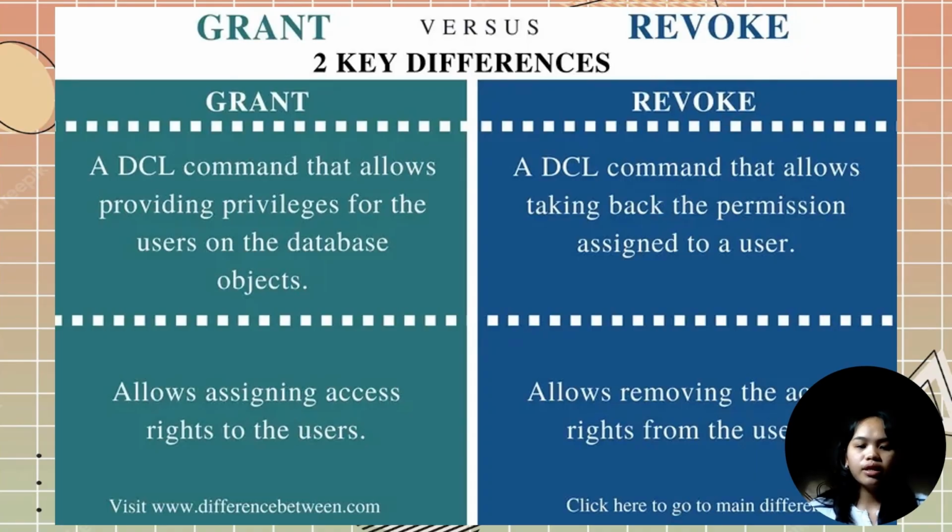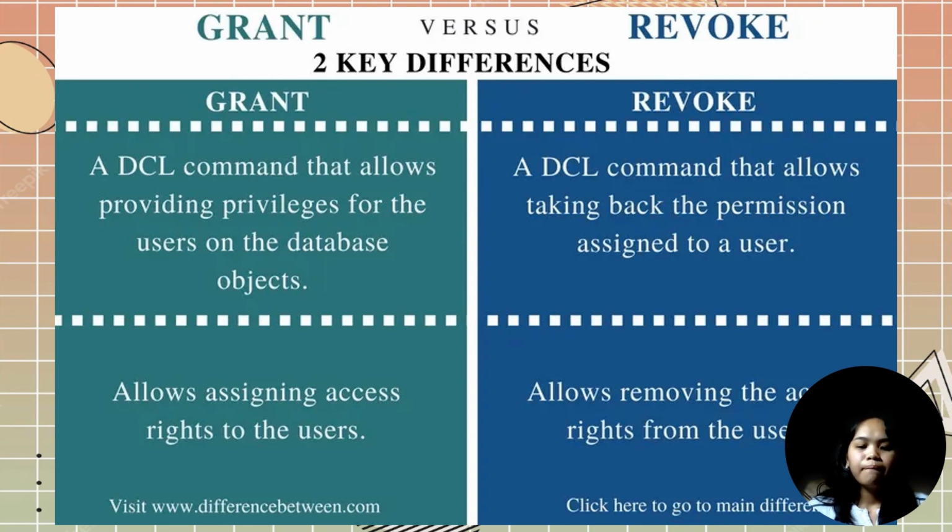So what are the key differences between grant and revoke? Grant is a command that allows providing privileges for the user on the database object. It allows assigning access to the user. So grant gives the user the privileges, the right, while revoke allows taking back the permission assigned to a user.